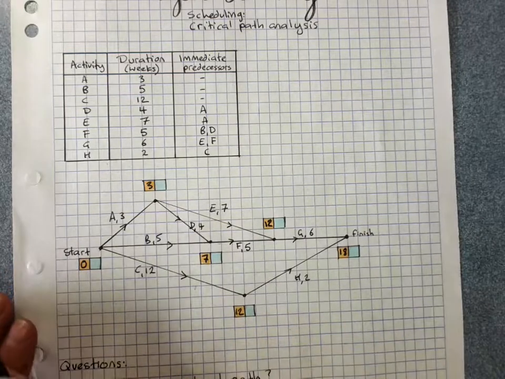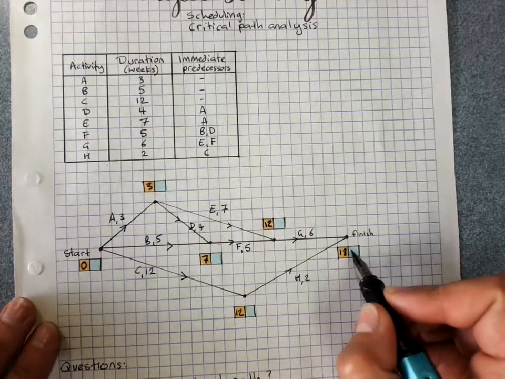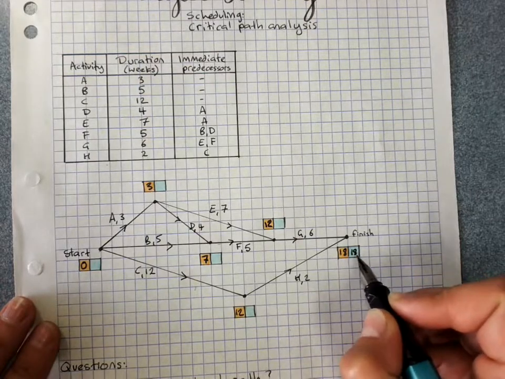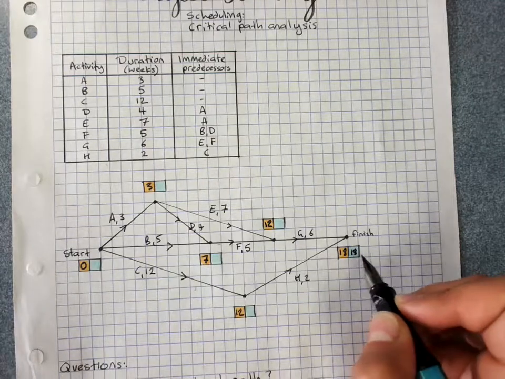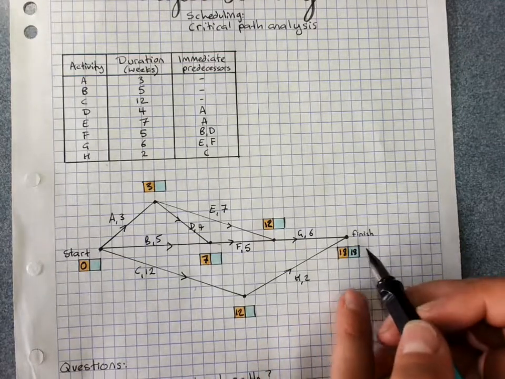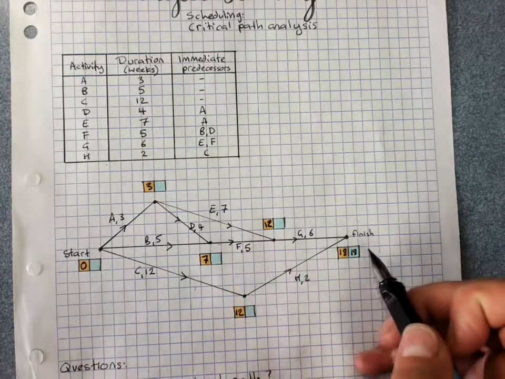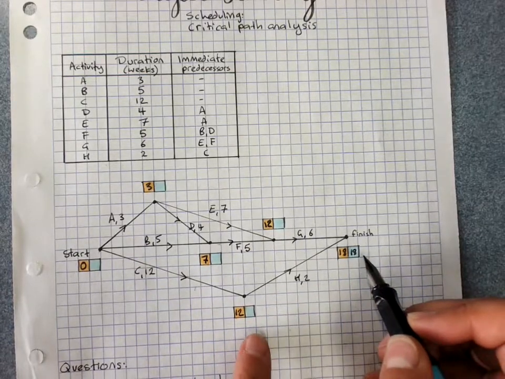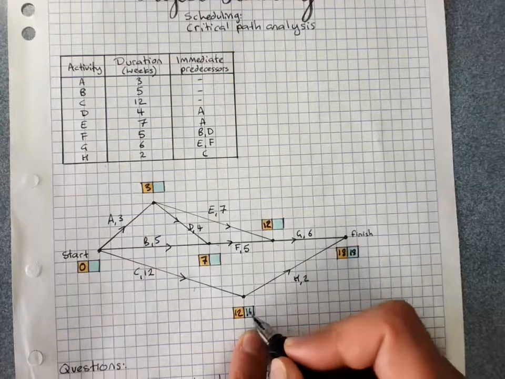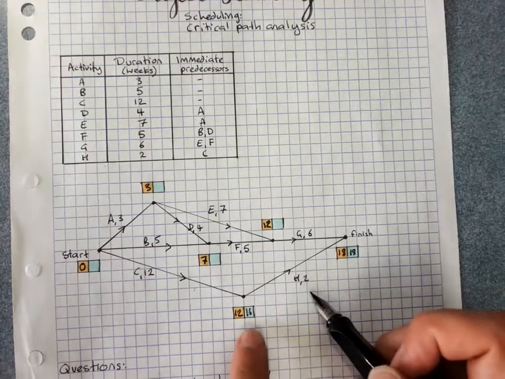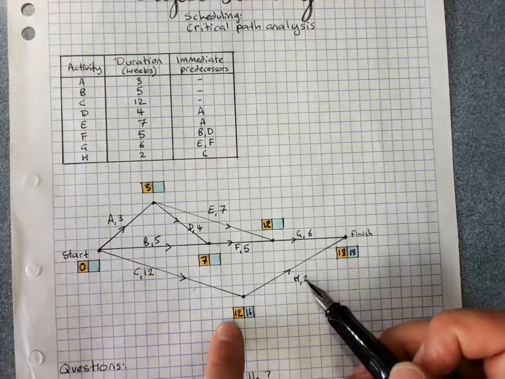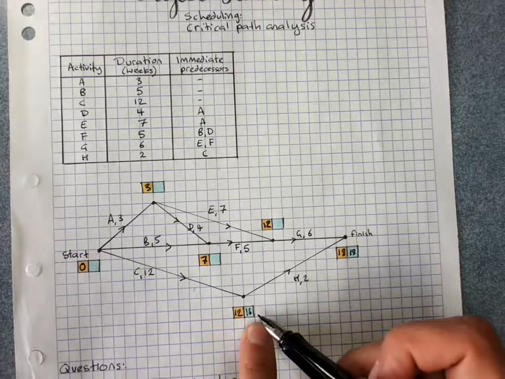Then backwards scanning. So the latest starting time, we always start at our 18 there and work our way backwards. So 18 minus 2 is 16, telling me that my earliest starting time for H is 12 weeks in, but the latest I can start is 16 weeks in.